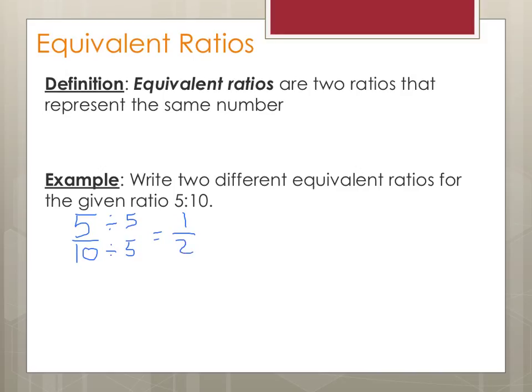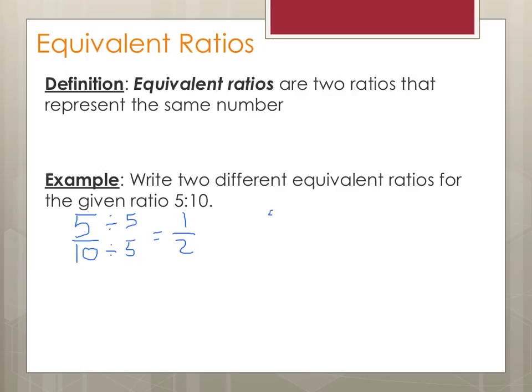Okay. These ratios are equivalent because they both represent the same number, 1/2. If we did 5 divided by 10, we'd get 0.5, and 1 divided by 2, we'd get 0.5. A second way to write an equivalent ratio would be to multiply the top and bottom by the same number.